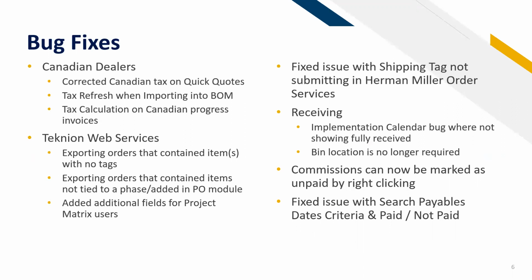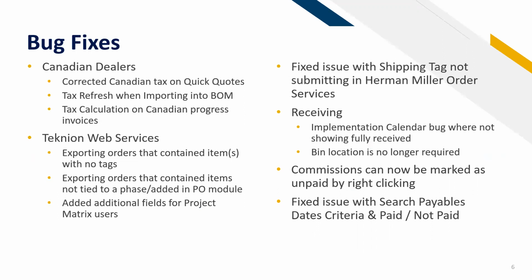Also, exporting orders that contained items not tied to a phase, or if you manually added a line item in the PO module, those are not tied to a phase as well. So anything that's added in there manually and processed through web services in eManage should not have an issue. We also added some additional fields for project matrix users.